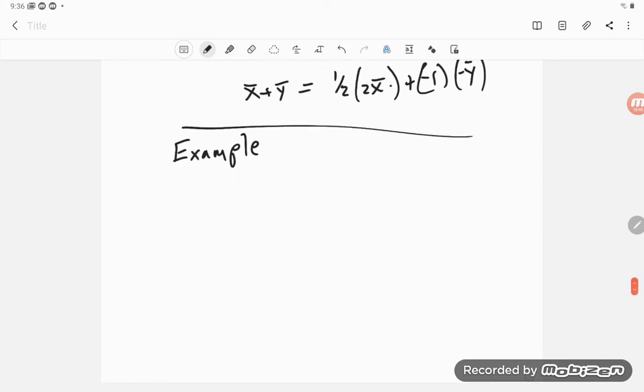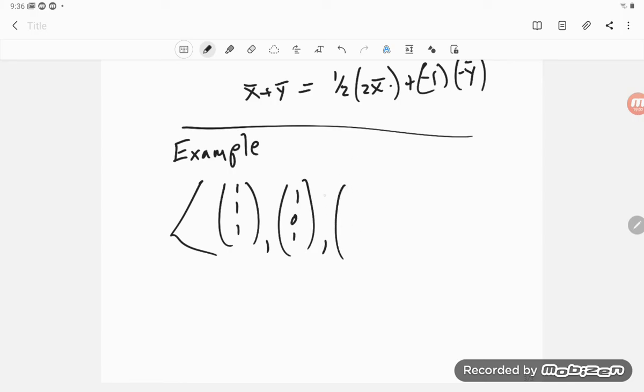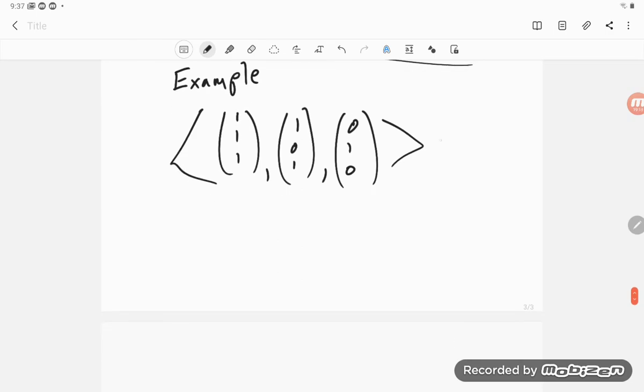I could have something in 3 space. Here is the vector 1, 1, 1. Here is the vector 1, 0, 1. Here's the vector 0, 1, 0. And we'll stop there. So this is my S. I look here, that's non-zero.